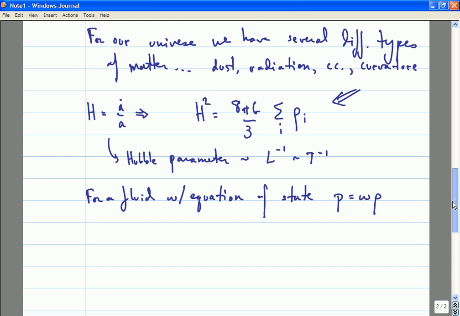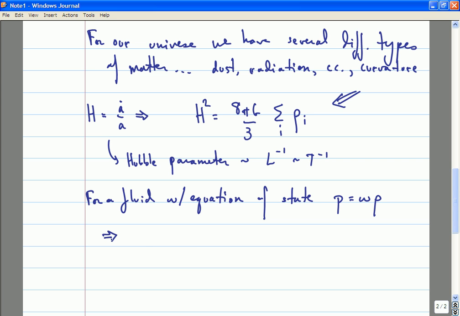So this is what we solved last class. And it says that rho is equal to a constant, something independent of time, times a to the minus 3 times 1 plus w, where w is just that constant that tells you about the equation of state of the matter that you're considering.